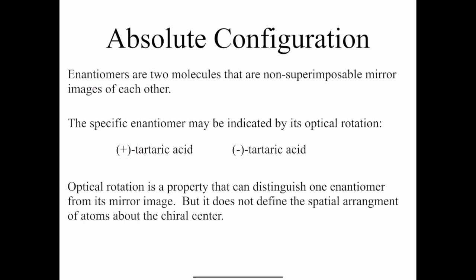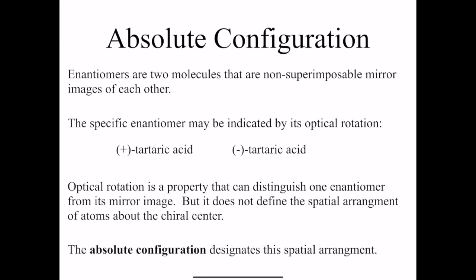So optical rotation is a property that can be measured, and it distinguishes one enantiomer from its mirror image. They have opposite directions of rotation of plane polarized light. But it does not define the spatial arrangement of atoms about the chiral center.